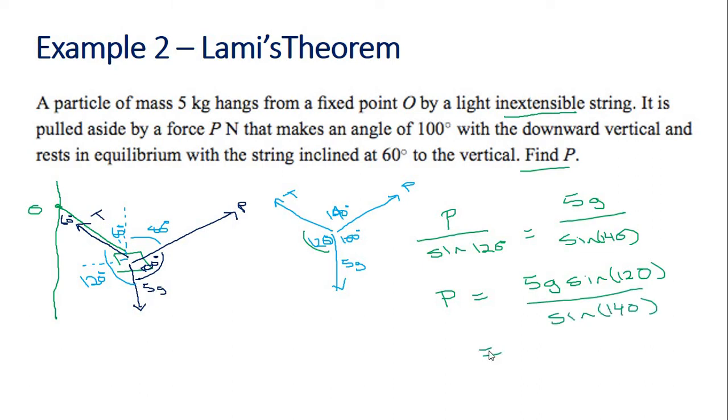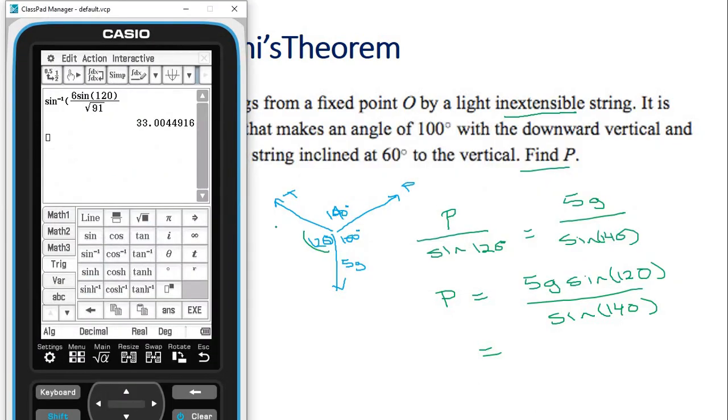And we can pop that in our CAS. So we've got 5g, so 5 times 9.5, sine of 120 over sine of 140. And we get an answer there.